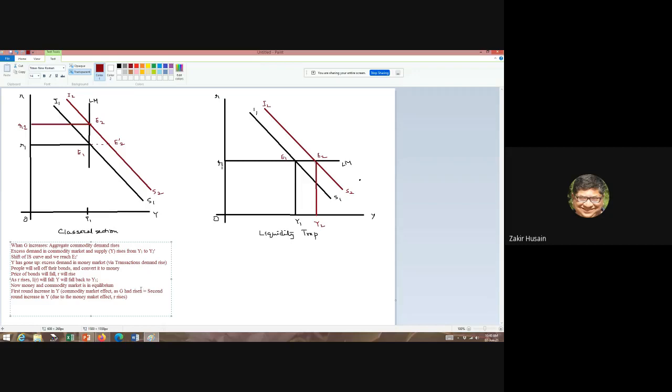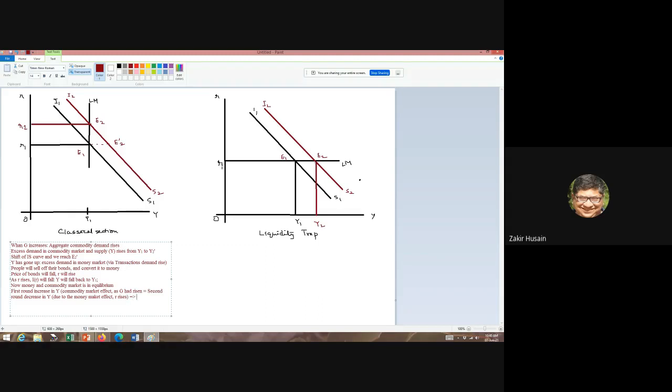In the earlier case, this first round effect was greater. So the second round negative effect, sorry, this should be decrease. So the second round negative effect is less than this. The total effect is an increase in Y. Here, however, the first round and second round effect exactly balances each other.